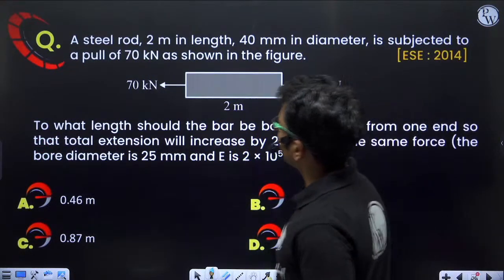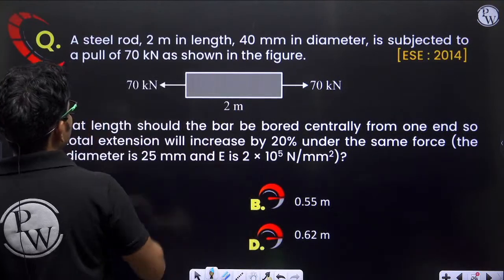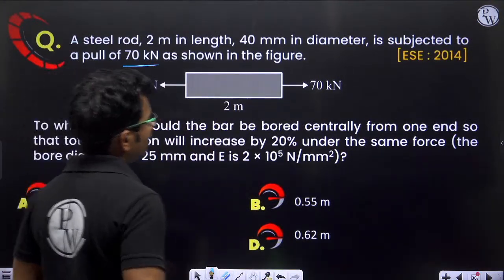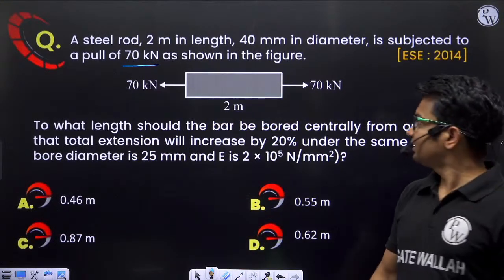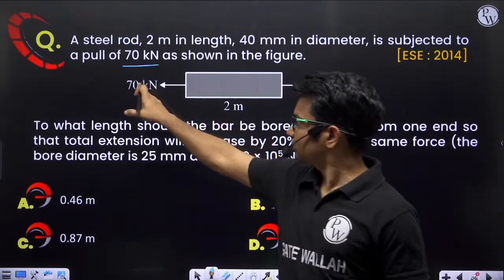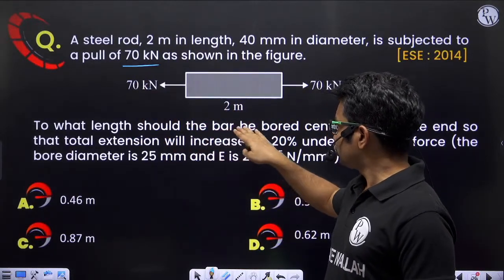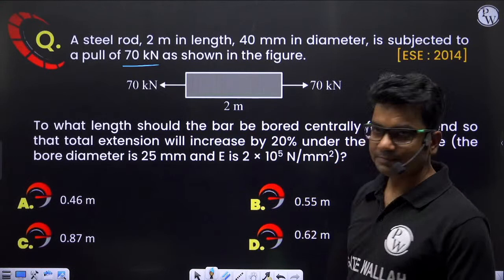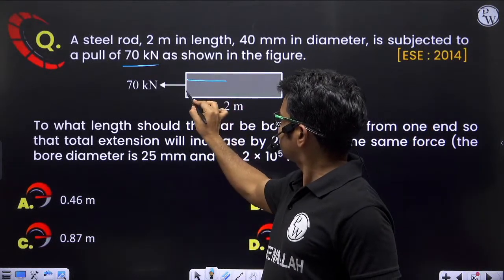A steel rod 2 meter in length, 40 mm in diameter is subjected to a pull of 70 kilonewton as shown in the figure. Okay, so axial force applied is 70 kilonewton. Length is 2 meter. To what length should the bar be bored centrally? What do we mean by boring of the bar? We'll bore it like this centrally.